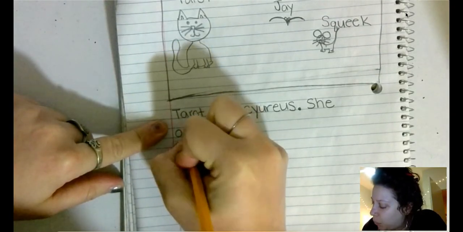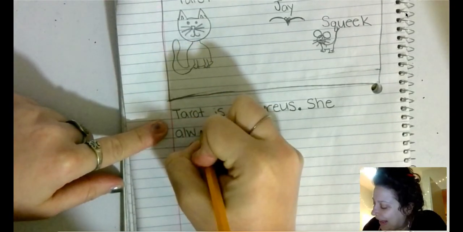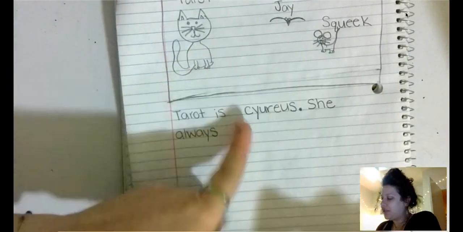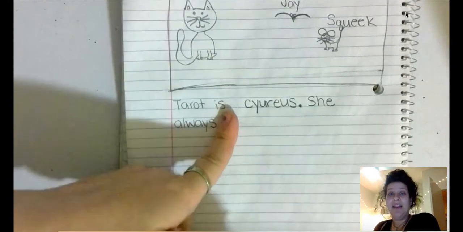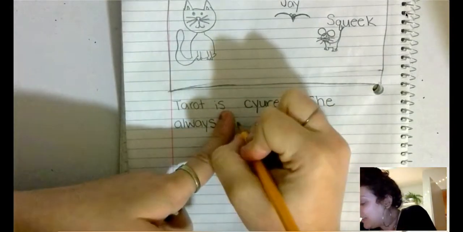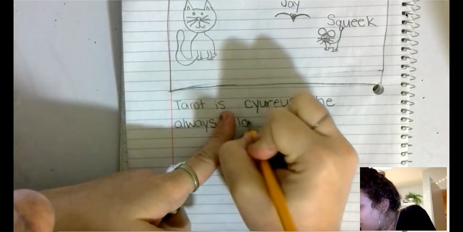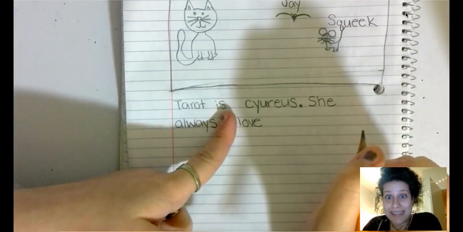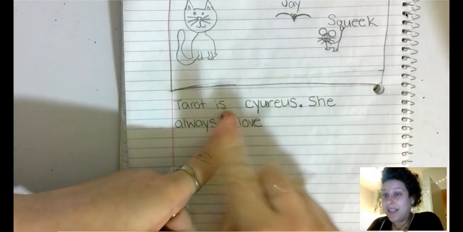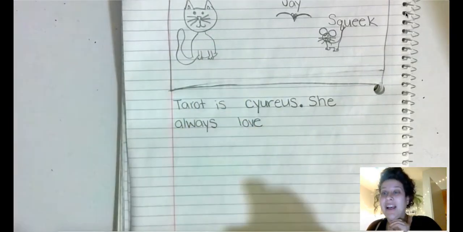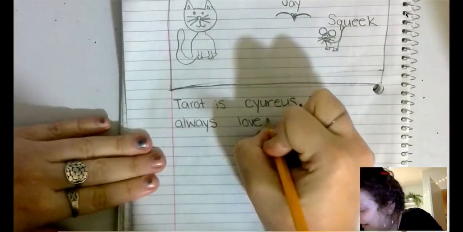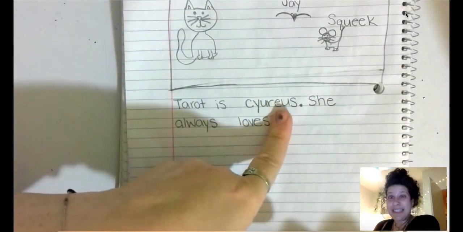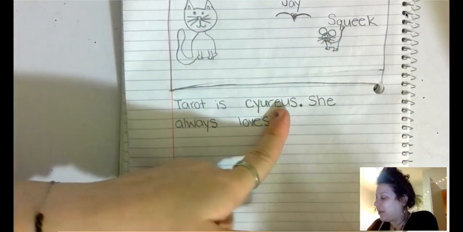Always. She always loves. I know how to write loves. Love. But remember, I'm paying attention to my endings. So it's not she always love, it's she always loves. So I need to add an S.